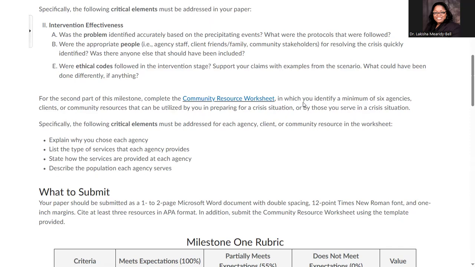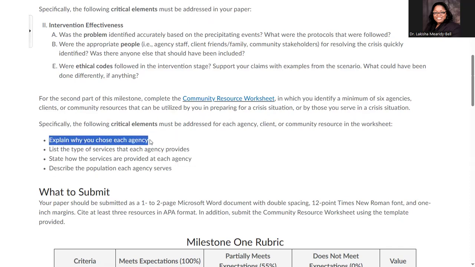So for this particular one, you're going to submit the worksheet itself. So retrieve the community worksheet, complete it. I think it comes up in the Word document. Complete it, identifying no less than 6 agencies, clients, or community resources. And then, of course, identifying also the following critical elements for each agency, client, or community.